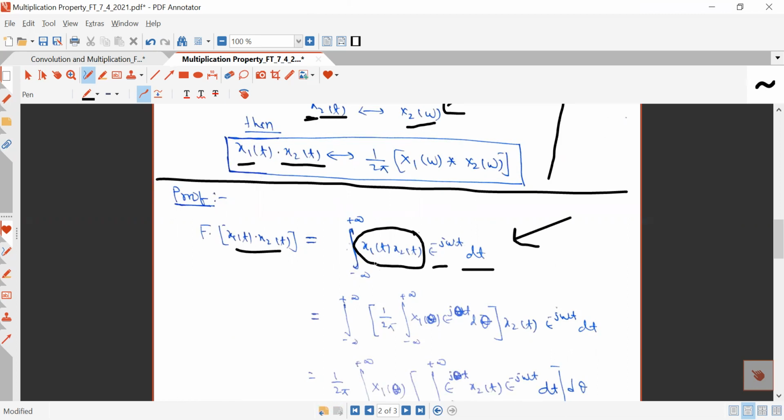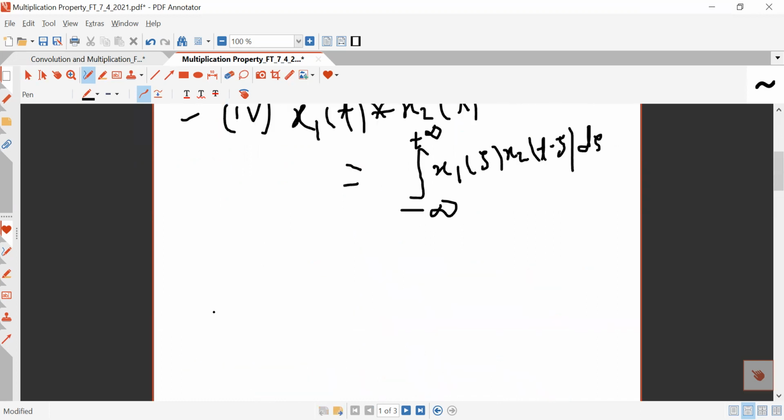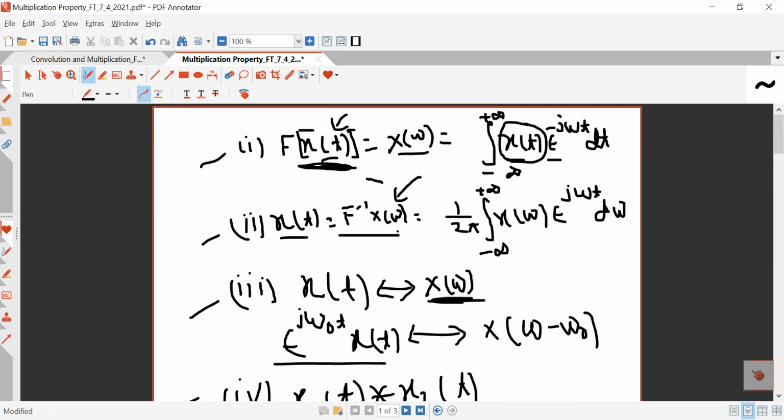Now what is x1t? x1t is the Fourier inverse of X1 omega. The Fourier inverse of any signal in the frequency domain will be equal to 1 by 2 pi integration from minus infinity to plus infinity of X omega e to the power j omega t d omega.